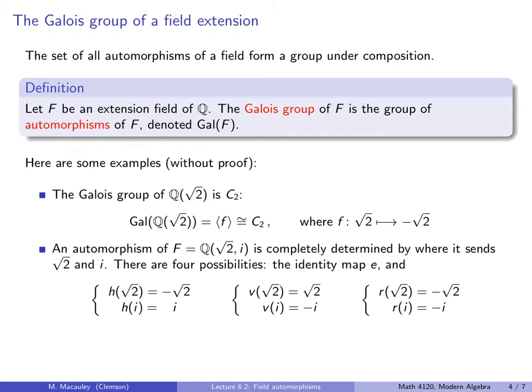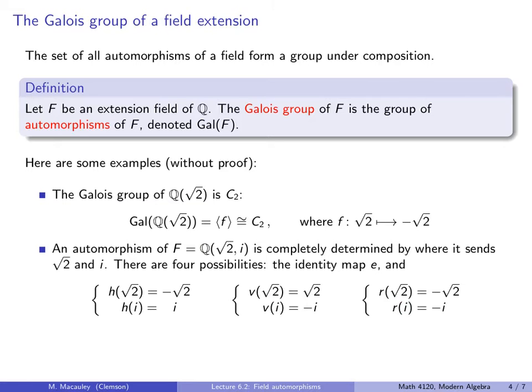Now I've defined these mappings using the letters h, v, and r to hint at the fact that the automorphism group, or the Galois group of this field extension, is isomorphic to the Klein 4 group V4.